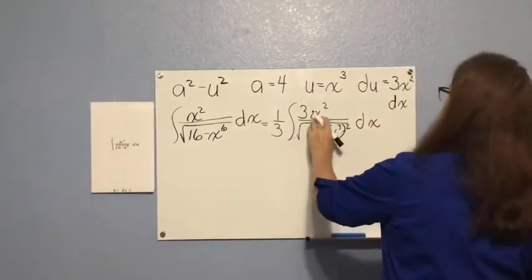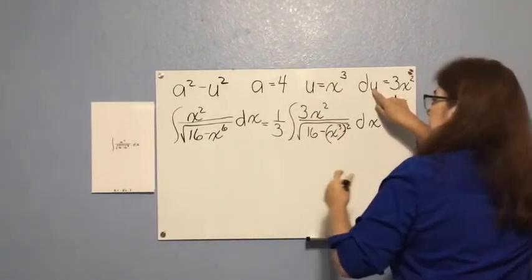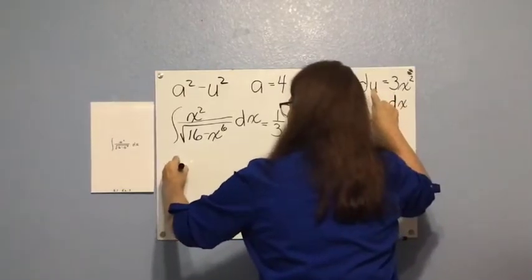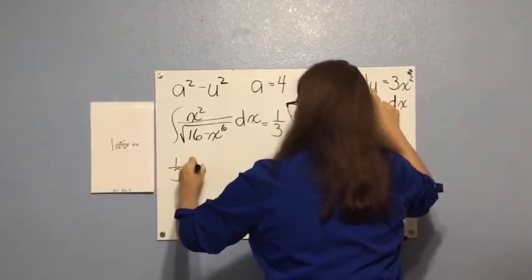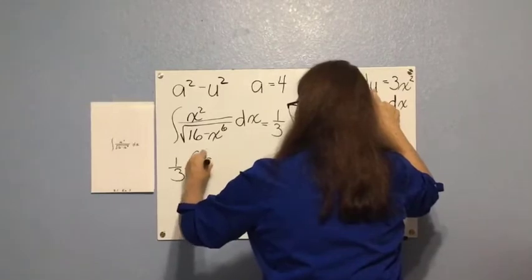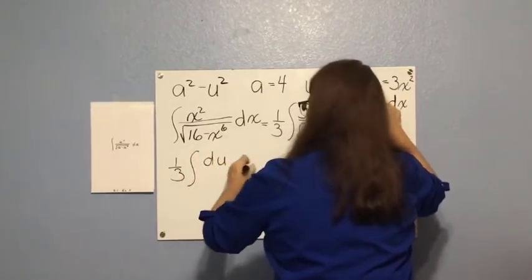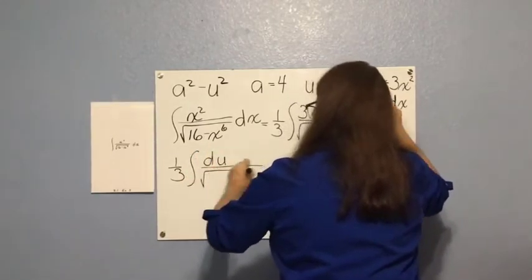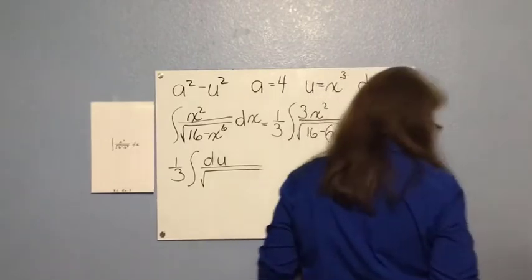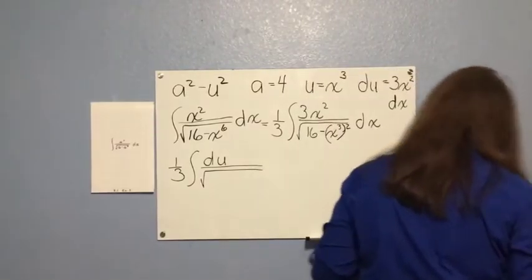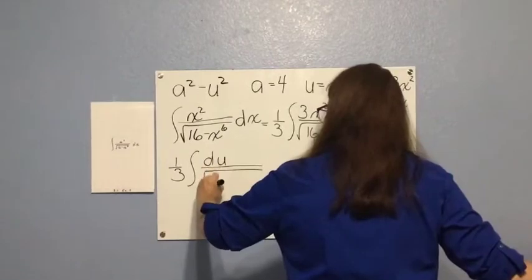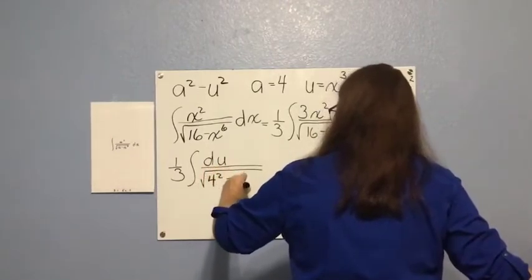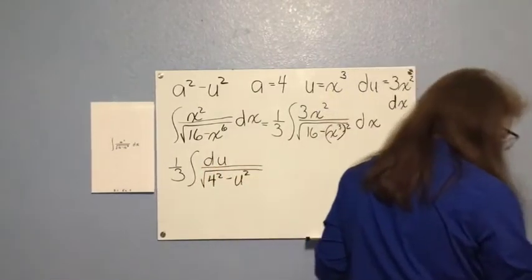Okay, now this 3x squared is my du. So I can write 1/3 du over square root of 4 squared minus u squared.